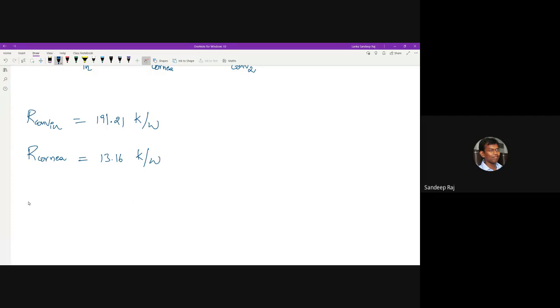And now R convection outside will vary here, because it is 1 by h A. This 1 by h outer is given as 6 in the question, and the area is 4 pi R2 squared now. Previously it was R3 squared, because there was a contact lens and we had to consider its radius. Now there is no contact lens, so R2 has to be considered here.